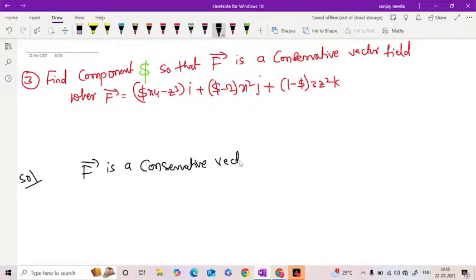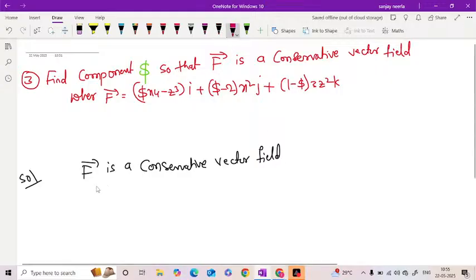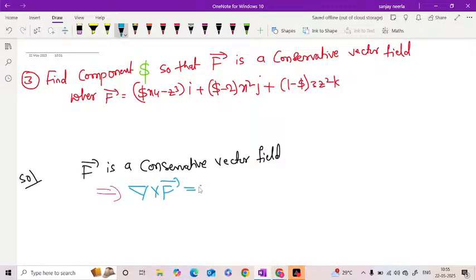Conservative vector field means, what about that internally? What is the necessary and sufficient condition for a conservative vector field? Necessary and sufficient: del cross F must be 0, or curl of this F must be 0, or this F must be an irrotational vector.